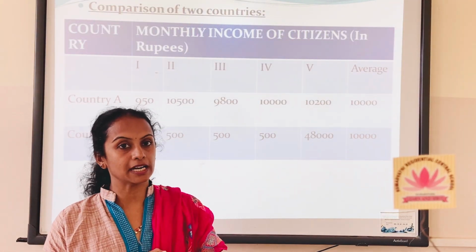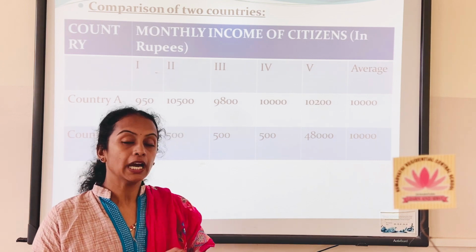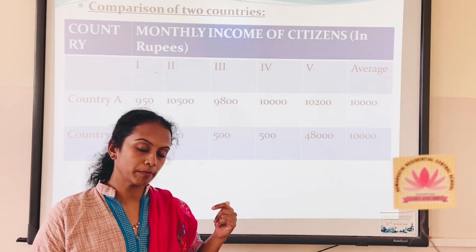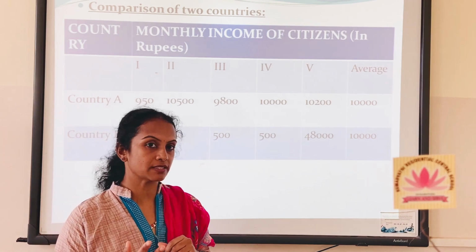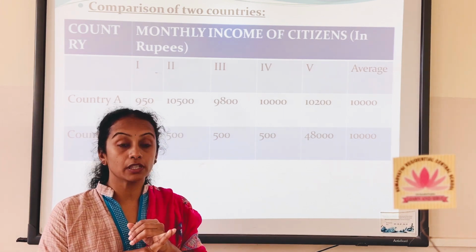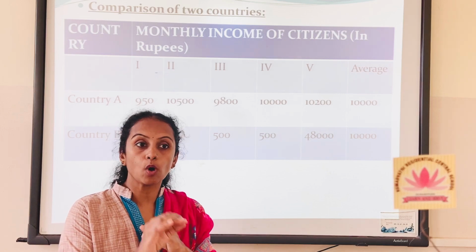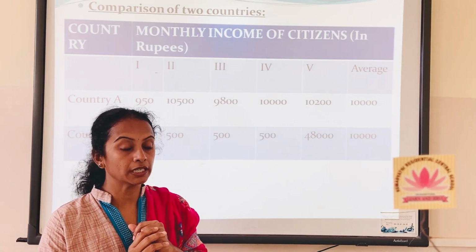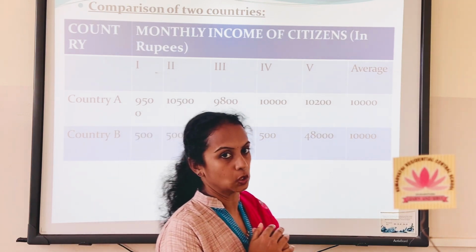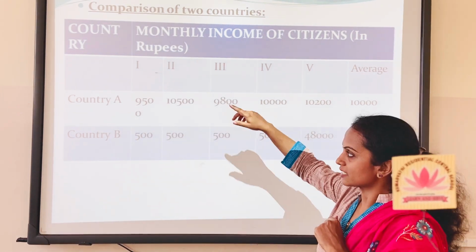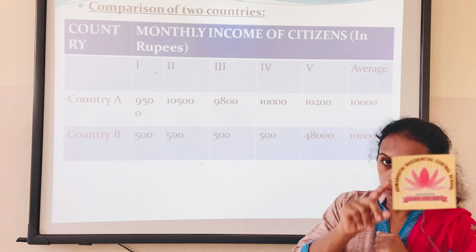Now let us compare two countries. I told you this average income method has some shortcomings. What are those shortcomings we also discussed. One thing is it will not tell exactly what an individual person is going to earn. It will not concentrate on public facilities, as we discussed. So here let us take an example of two countries.